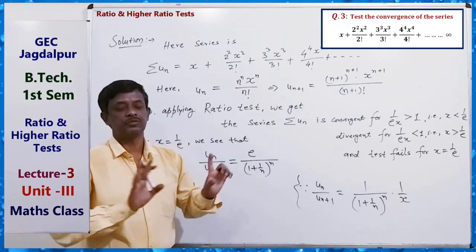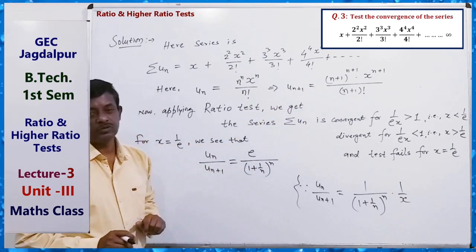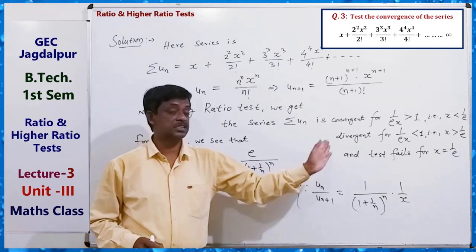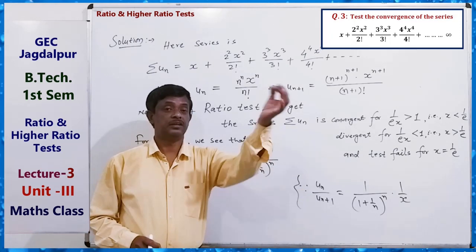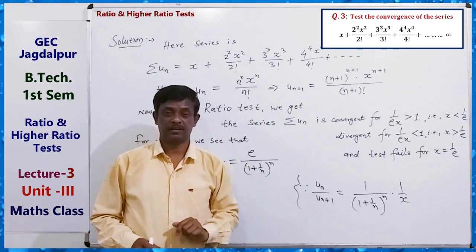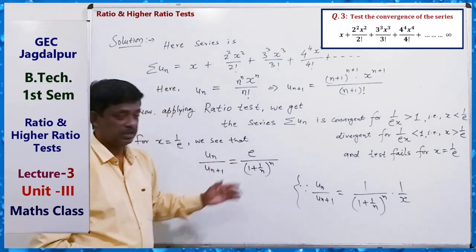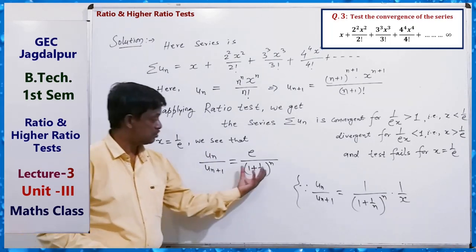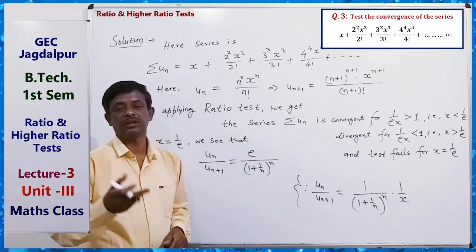So here we cannot use Raabe's test, because for Raabe's test the series expression should have only n in the denominator, but here both have it. So we can use the logarithmic test, because this power something, e log e is 1.